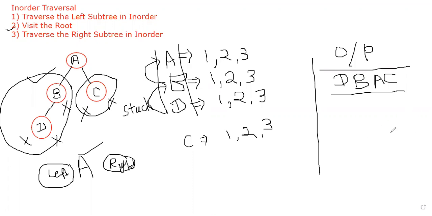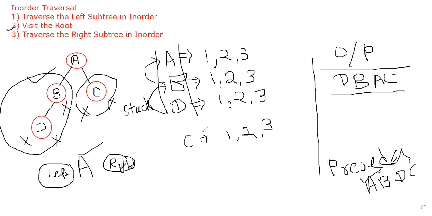If you remember, sorry, this is for in-order. What is the pre-order traversal? For the same tree, the pre-order traversal is A, B, D, C. There we have the root at the beginning, the root of that tree at the beginning.